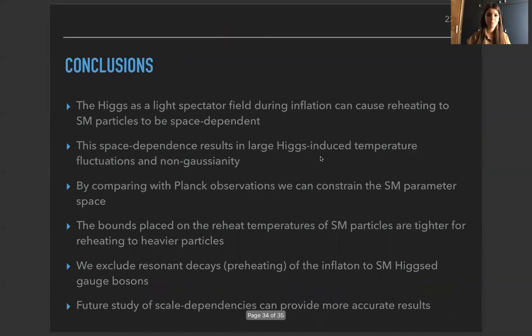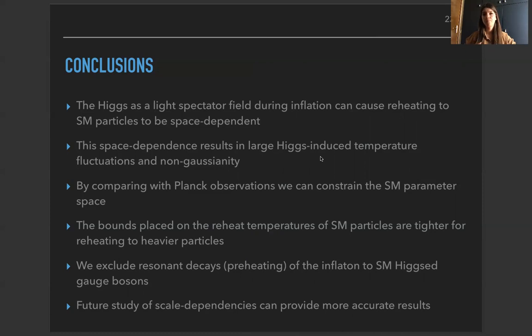And I will leave you with some conclusions. We have established that a light spectator Higgs during inflation can actually cause significant temperature fluctuations and significant non-Gaussianity. And we have shown how we can compute those and use Planck to constrain our parameter space. We have excluded resonant decays of the inflaton to standard model Higgs gauge bosons.